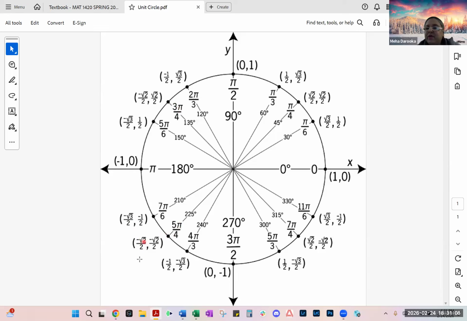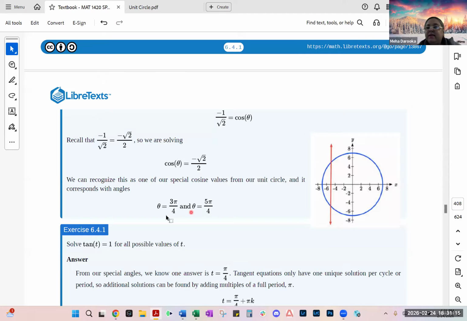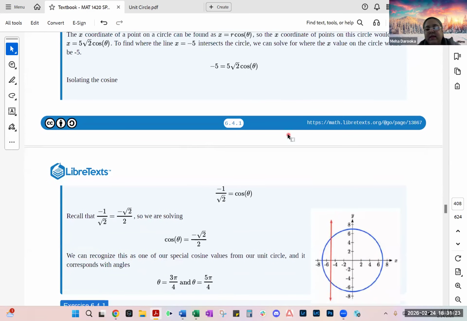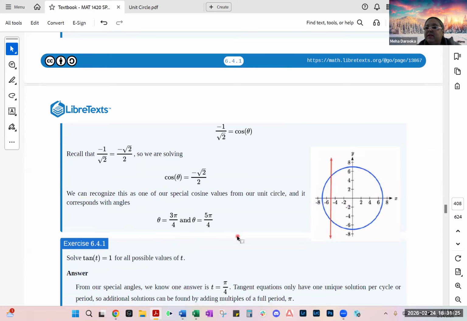So 3 pi over 4 and 5 pi over 4, and you should see that right over here. So remember, the question was at which angle is the circle and the line intersecting? And now we have the angles.